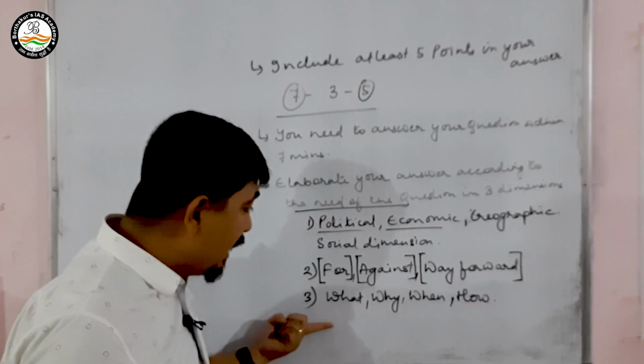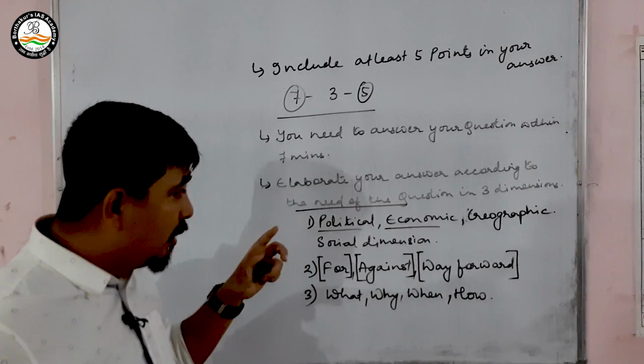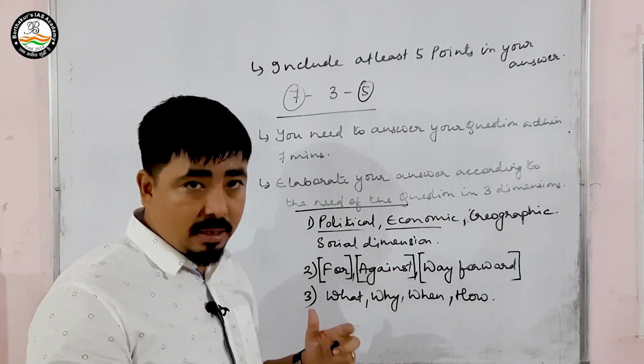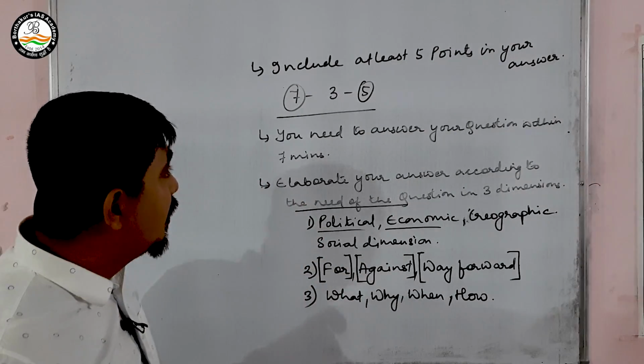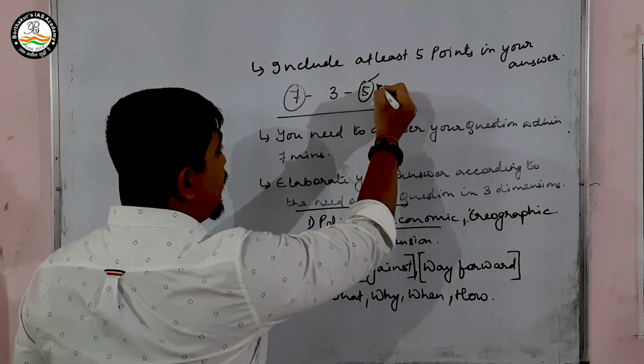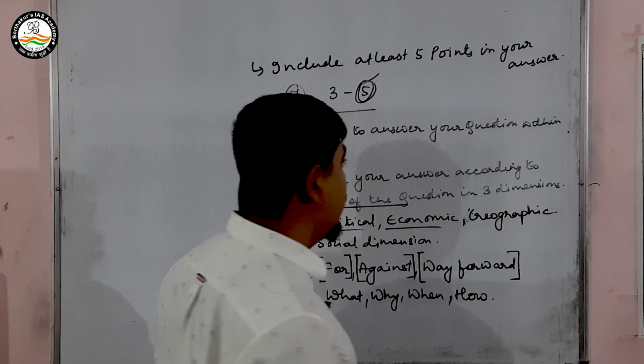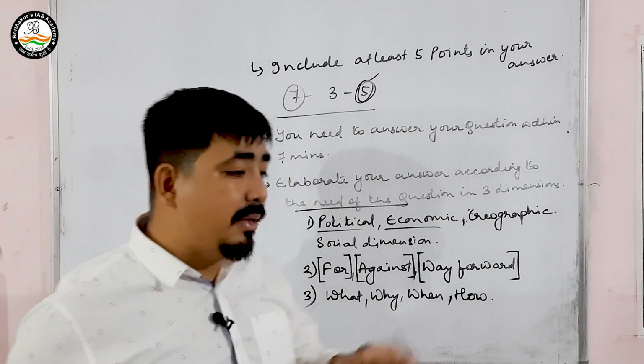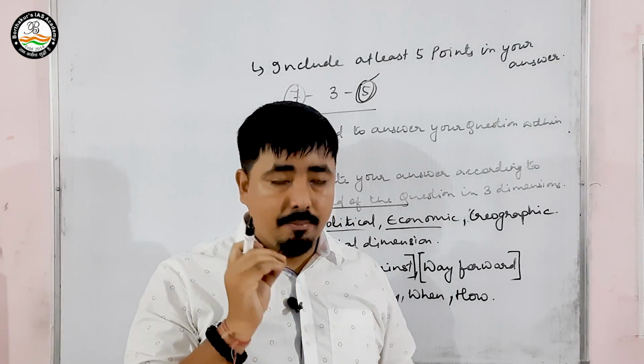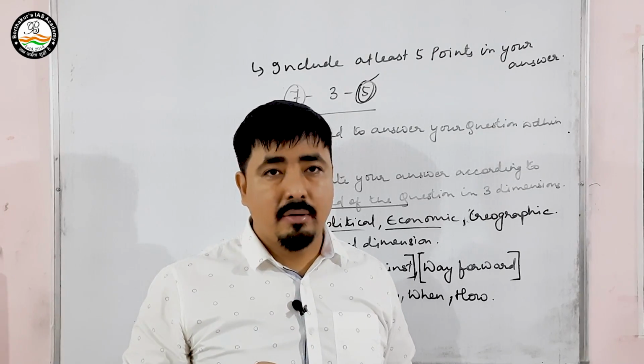So these are the three dimensions. Then the 5 rule means include at least 5 points in your answer. So whenever you are writing an answer, try to write down at least 5 points.